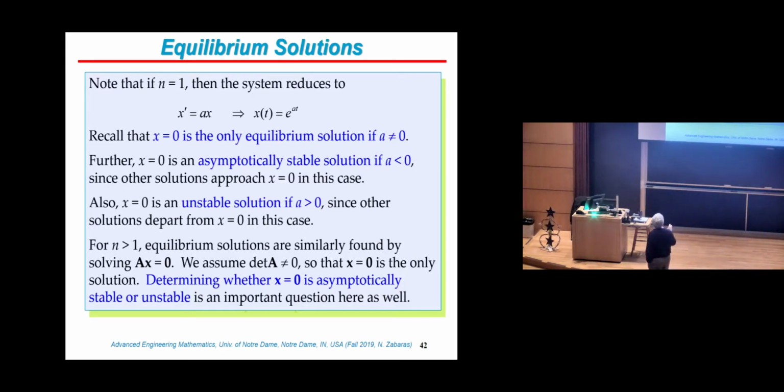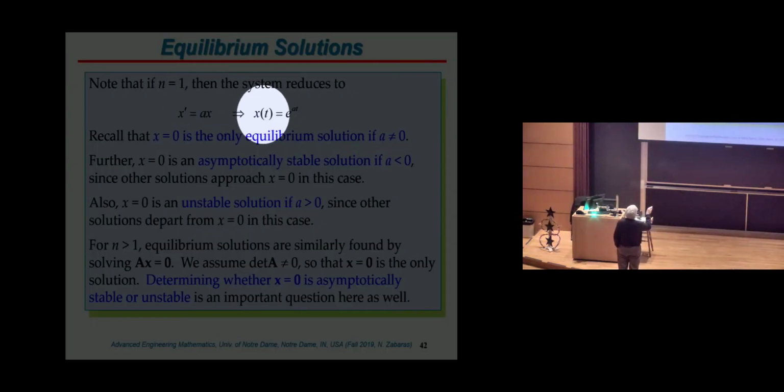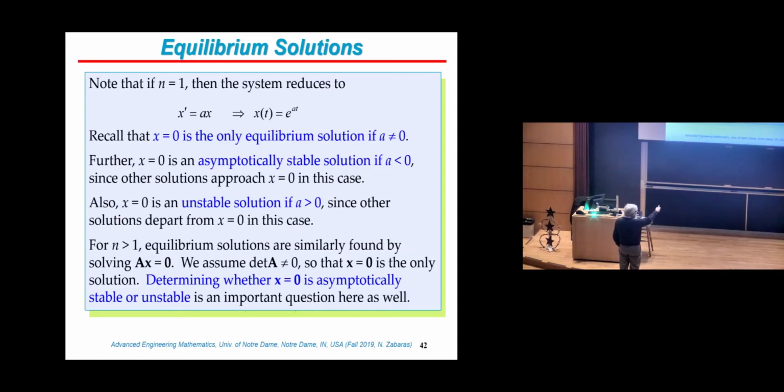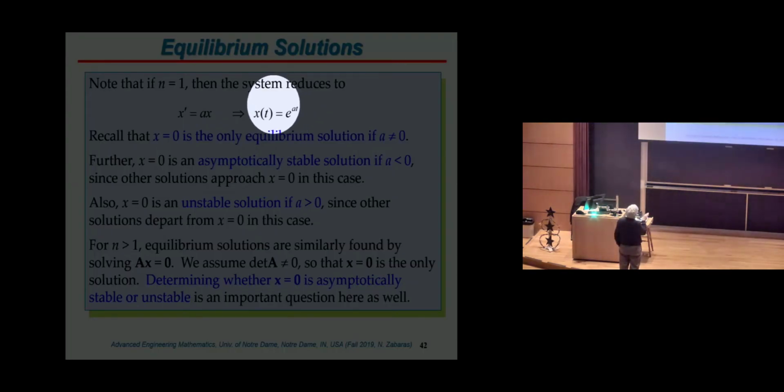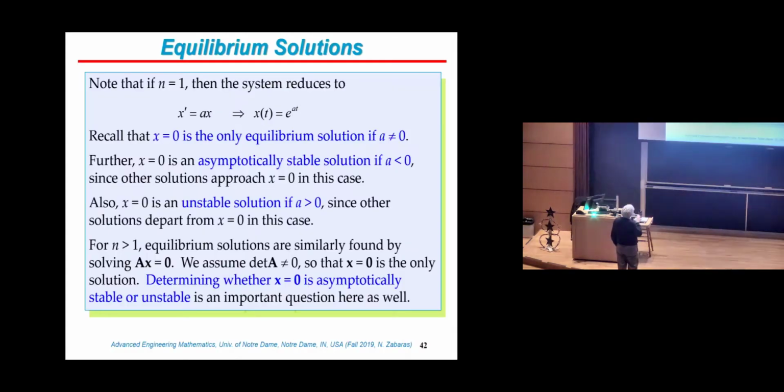If you look at this equation, you would like to know, if you start from some initial condition, will you approach the equilibrium point with time? Look at this equation and tell me, as t increases and goes to infinity, is this solution going to 0, to the equilibrium point? Under which conditions will it go?